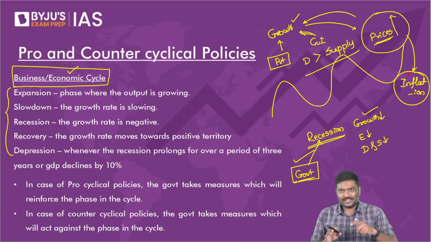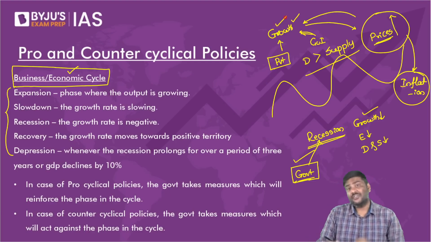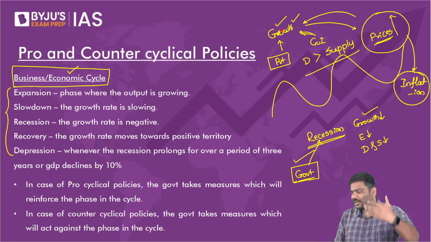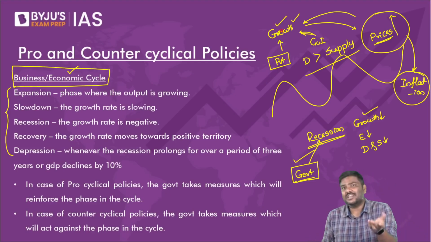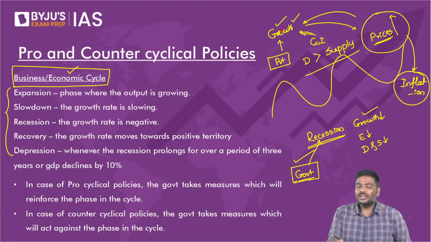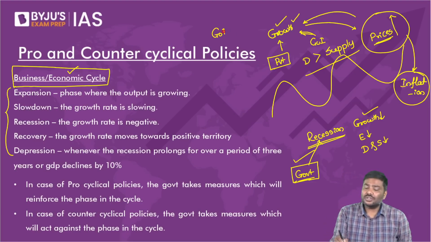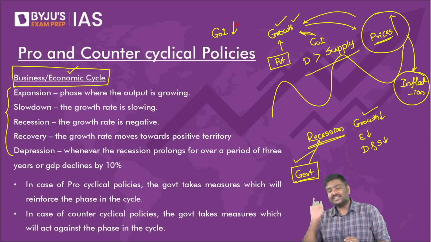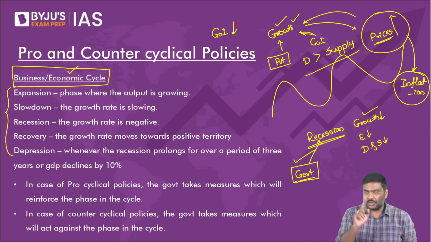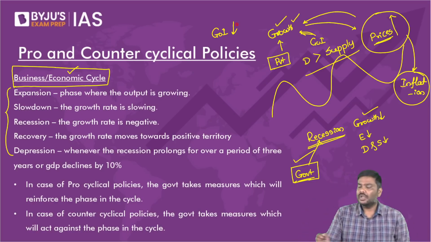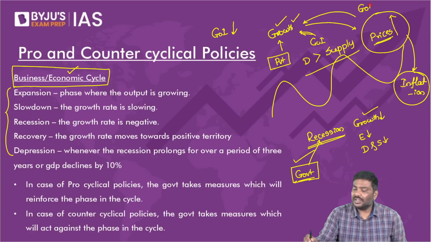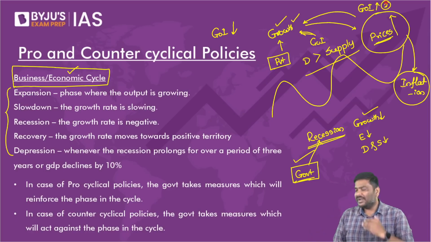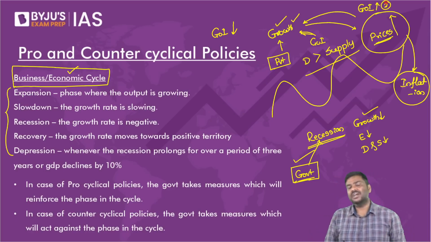So now the concern is, when the growth rate is already very high, should the Government of India also increase its expenditure? The answer is no. The government should reduce its expenditure. Now I'll give you two statements. In example 2, when the Government of India increases its expenditure, this will cause inflation.